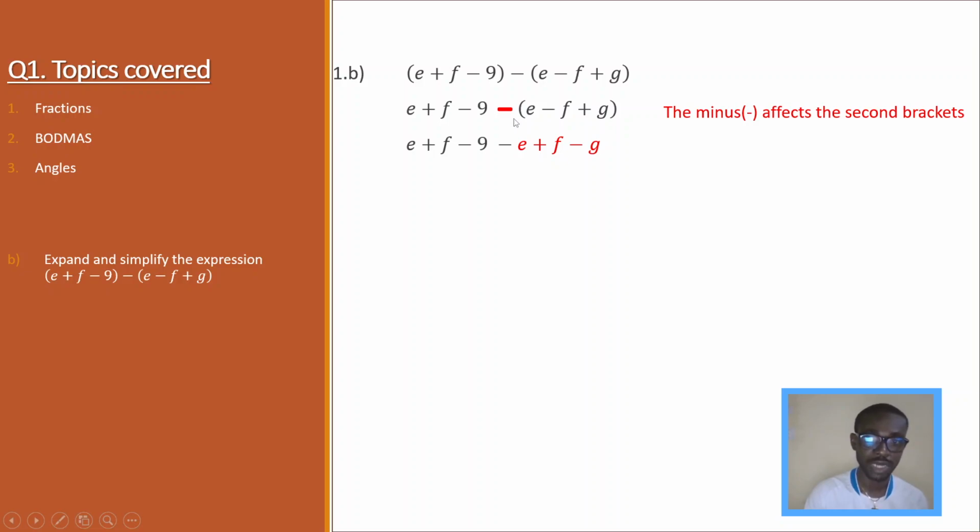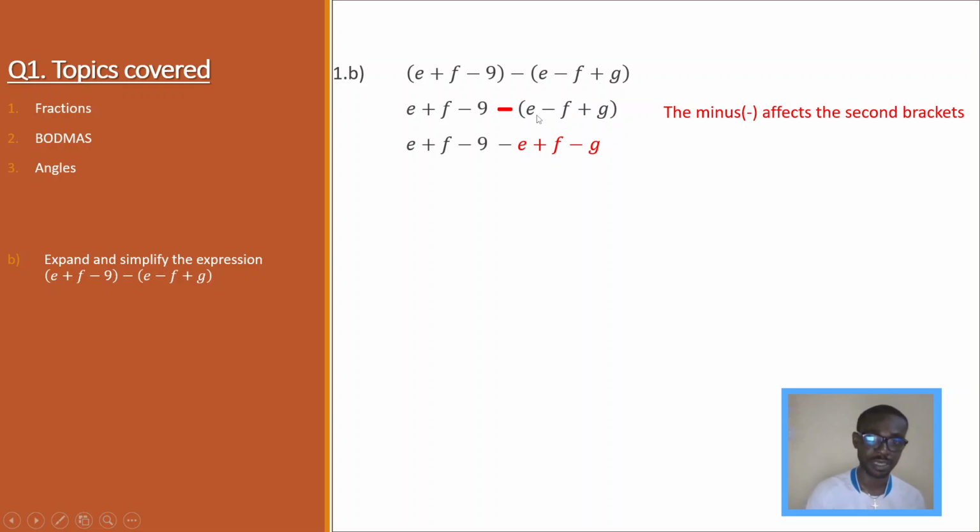And minus 1 times negative F. Negative times negative will give us positive. So negative times negative F will give us positive F. And then negative 1 times positive G will give us negative G. Remember, the minus will affect all the terms inside of the bracket.